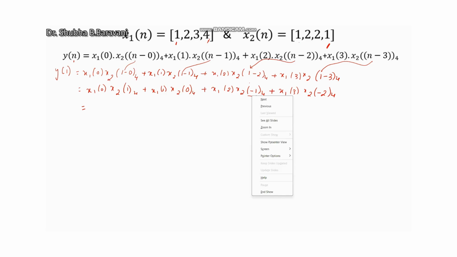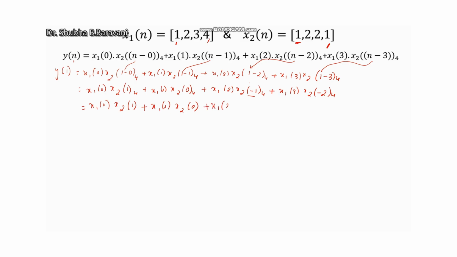So we'll simplify this equation as x1 of 0 as it is, x2 of 1 as it is. Since x2 of 1 exists, I'll remove the circular convolution mod. Then x1 of 1, x2 of 0 exists.